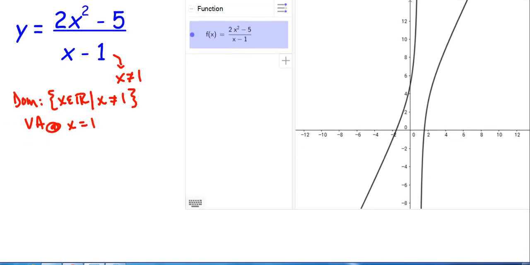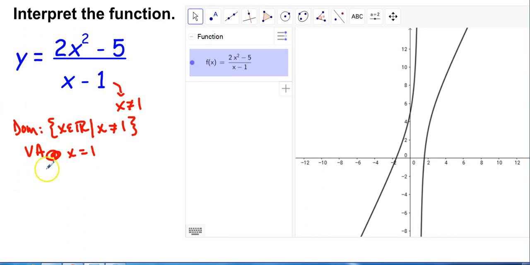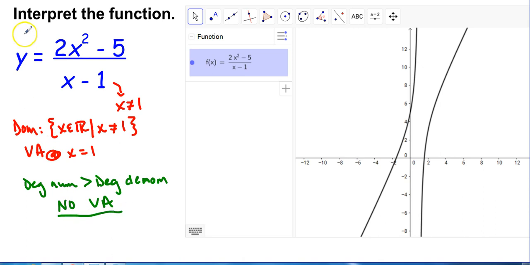Next thing we want to do is identify any horizontal asymptotes. I know that the degree of the numerator is greater than the degree of the denominator. So what does that tell me? This tells me no horizontal asymptotes in this particular problem.